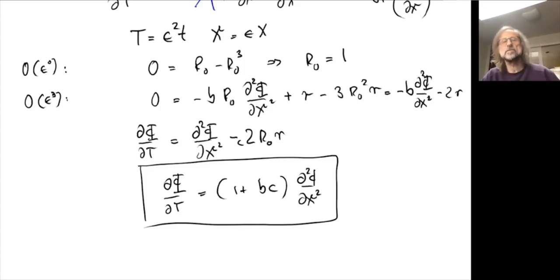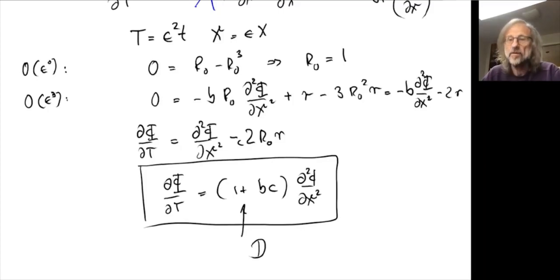That's not surprising in terms of the time and space reflection symmetries. And we have a diffusion coefficient. This is our diffusion coefficient. And since we didn't allow any significant variations in the wave number, it's just a constant. Of course, if we had allowed variations in wave number, it would depend on the wave number. But we have a more modest approach right now, and so it's just a number.